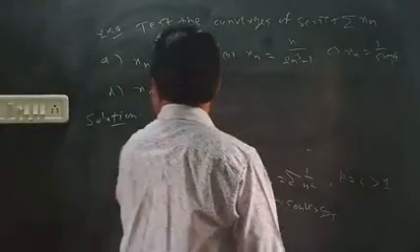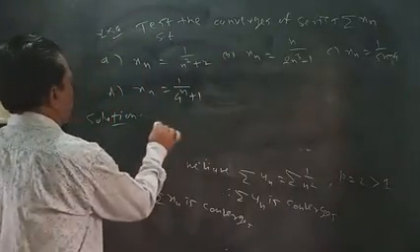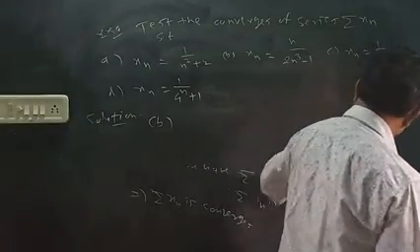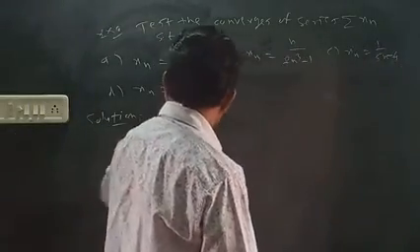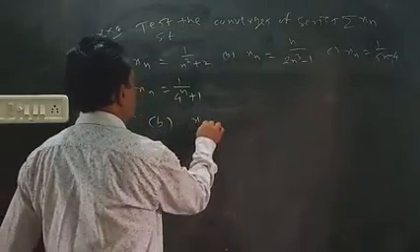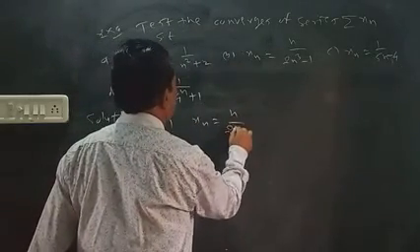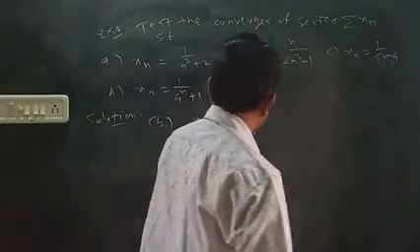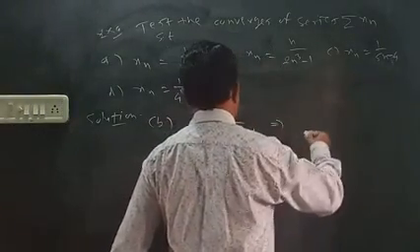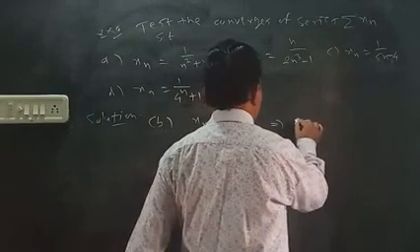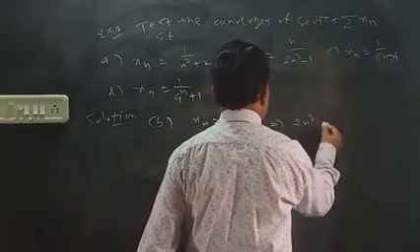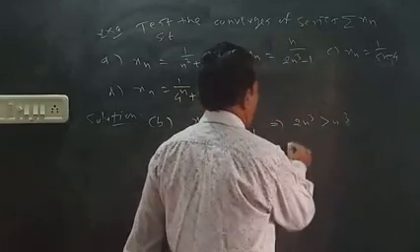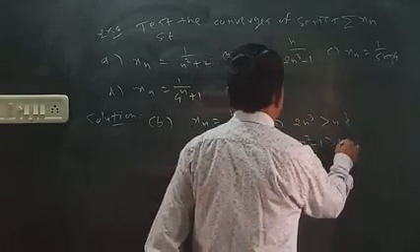Second, the xn term is n upon 2n cube minus 1. Okay, so 2n cube will be greater than n cube. 2n cube minus 1 is also greater than n cube.